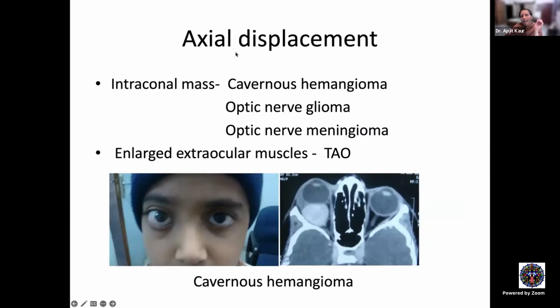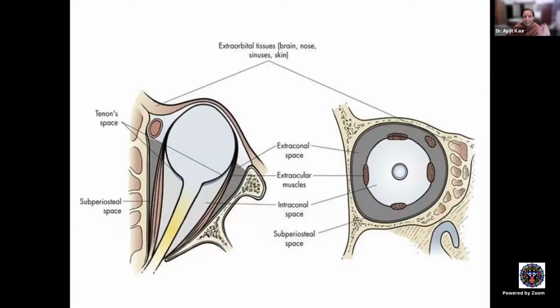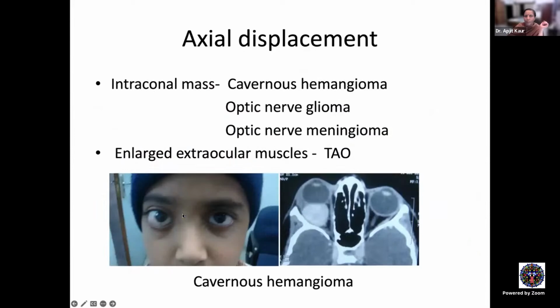This is an axial displacement. What did we learn earlier? That axial displacement will occur when the eyeball is pushed straight in front. Straight in front will be pushed by something which is just behind it. That means the lesion has to be here in the intraconal space.